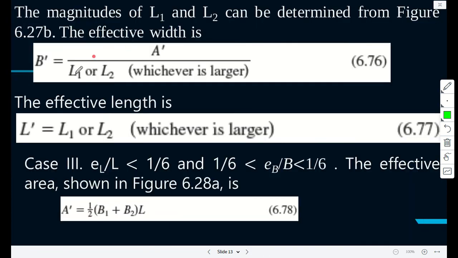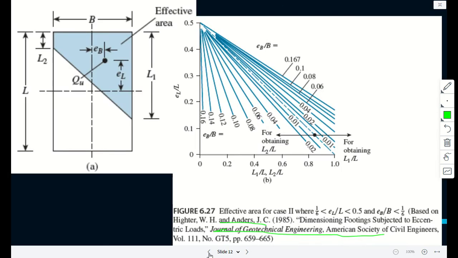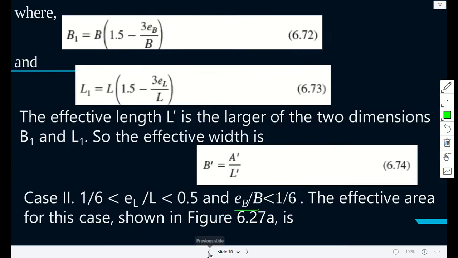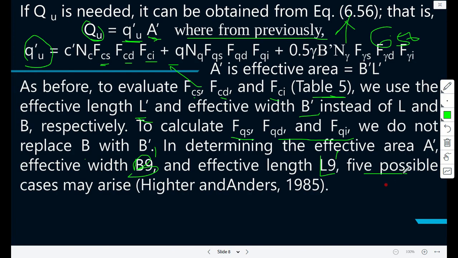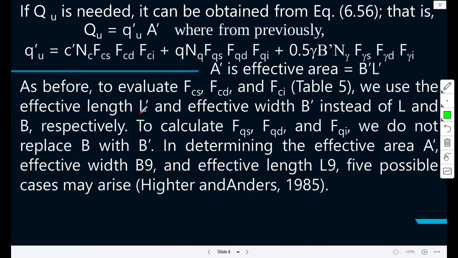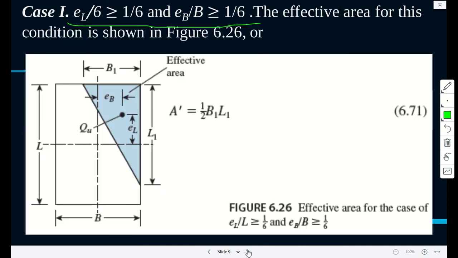Remember our aim is to get the bearing capacity, and for the bearing capacity you need L prime and B prime for the first term, and also you need A prime.